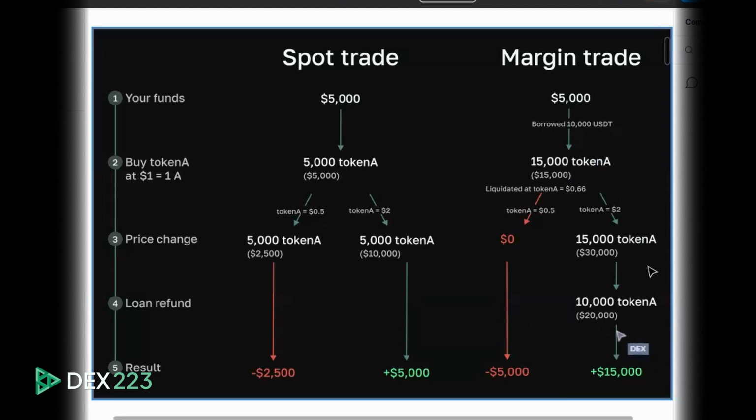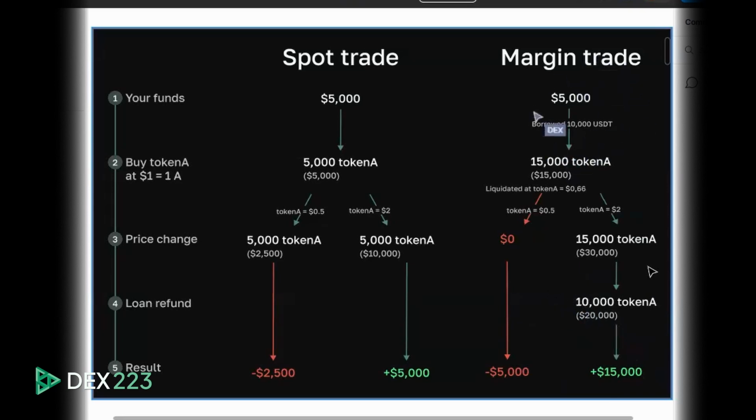So you are just returning the amount of loan, and whatever is left is actually your funds. So after paying the loan, you will be left with $20,000.